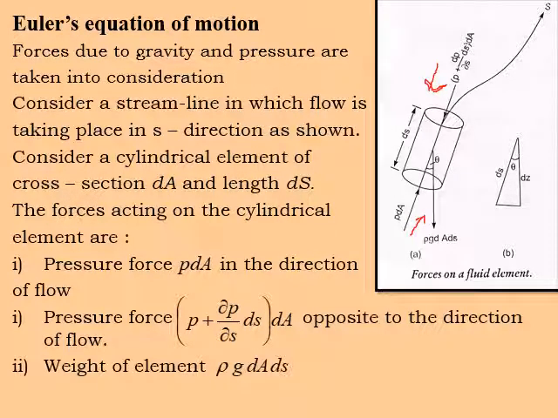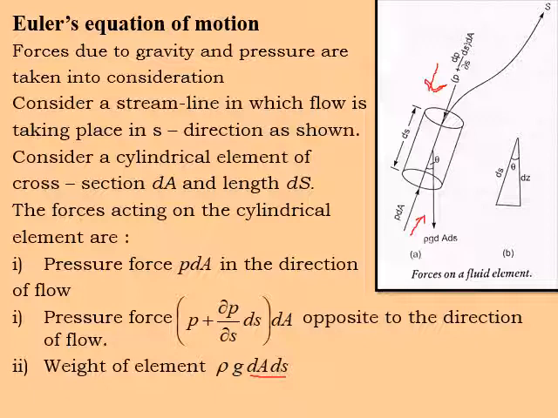Then the weight of the fluid element. The weight of the fluid element is given by rho g dA dS, where rho is the density of the fluid and g is gravity. The area dA and dS together give the volume of the fluid element.